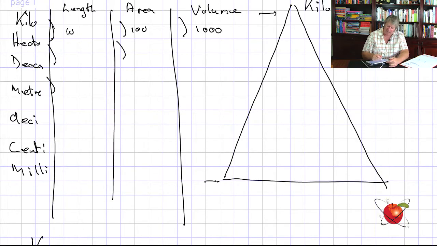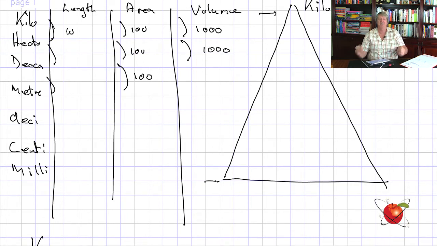So there are 3 lengths that we are going to have to convert. That is where we get the 1,000 from each jump. So every time we have a jump, we've got a factor of 100 for area and 1,000 for volume.